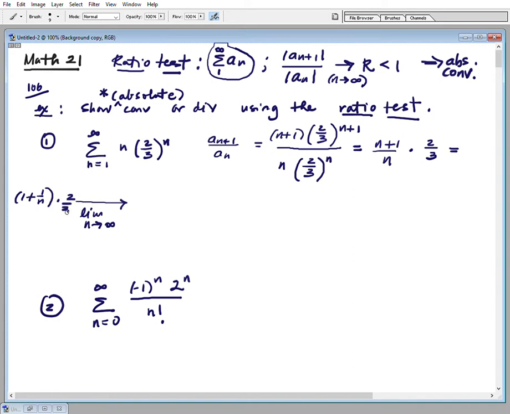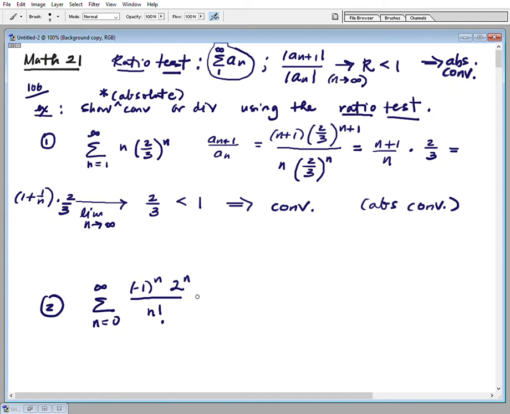As n goes to infinity, 1 over n goes to 0, and the whole thing goes to 2/3. The limit is 2/3. That's less than 1, so we do have convergence. Actually, you have absolute convergence. In this case, the terms are all positive, so it's the same as convergence.